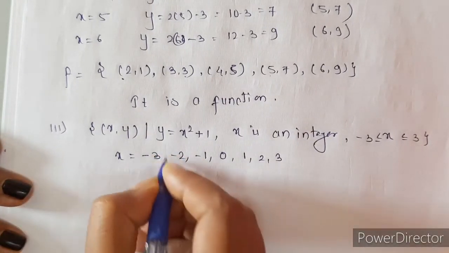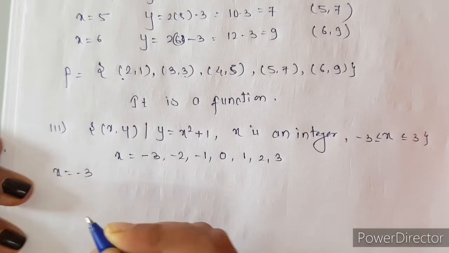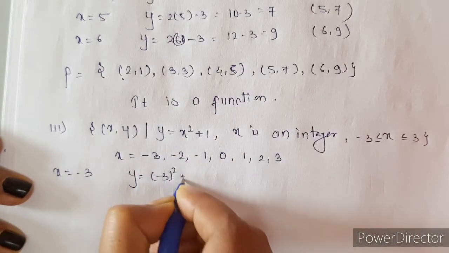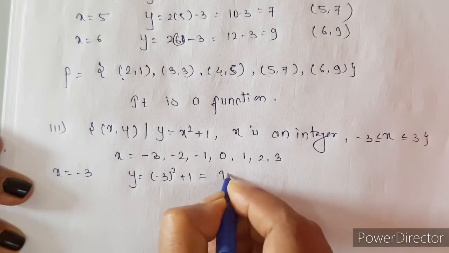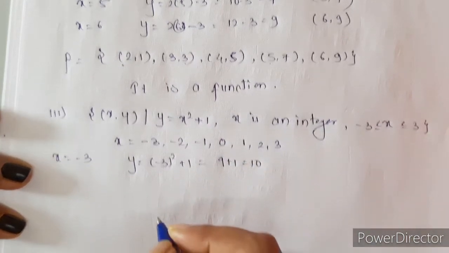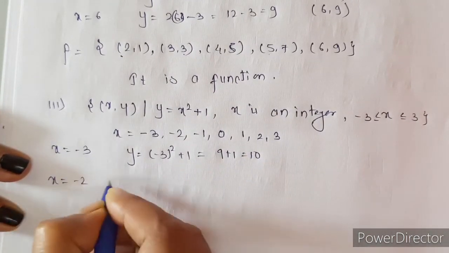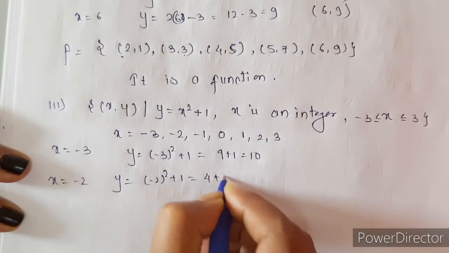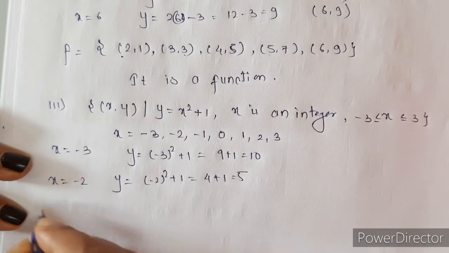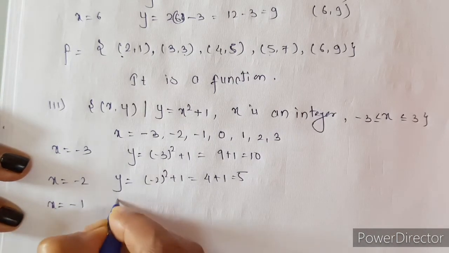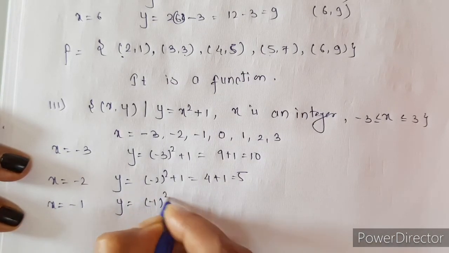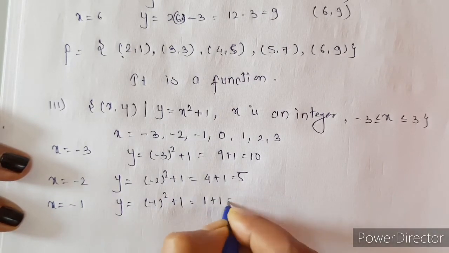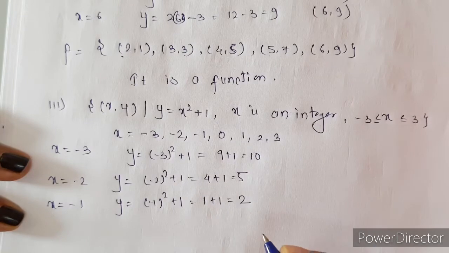Let's start with the first one. If x equals minus 3, what will be the value of y? y is minus 3 square plus 1, which is 9 plus 1, nothing but 10. When x equals minus 2, y is minus 2 square plus 1, which is 4 plus 1, 5. When x equals minus 1, y is minus 1 square plus 1, so 1 plus 1, which equals 2.